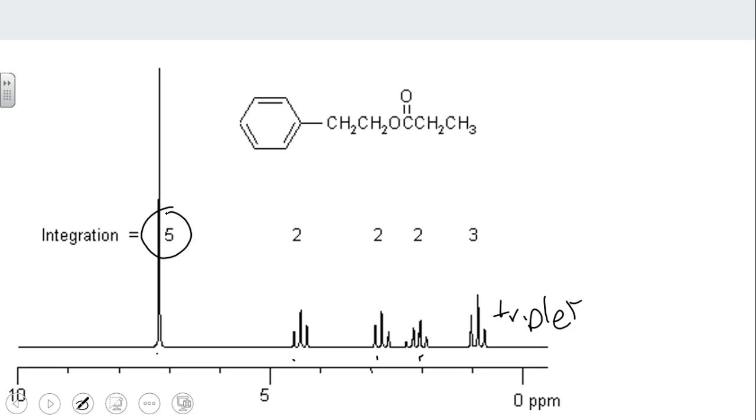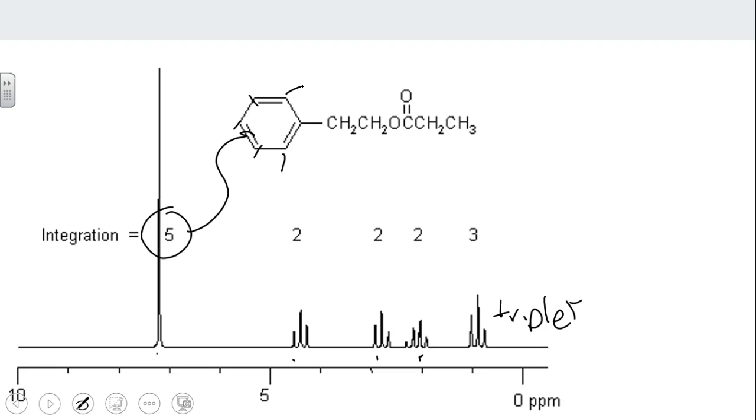Okay, so the first chemical shift that's really easy is this one. Again, this isn't necessarily a singlet, but this represents the aromatic ring. So that peak that integrates to 5, which means 5 hydrogens, represents the aromatic hydrogens on the benzene ring.